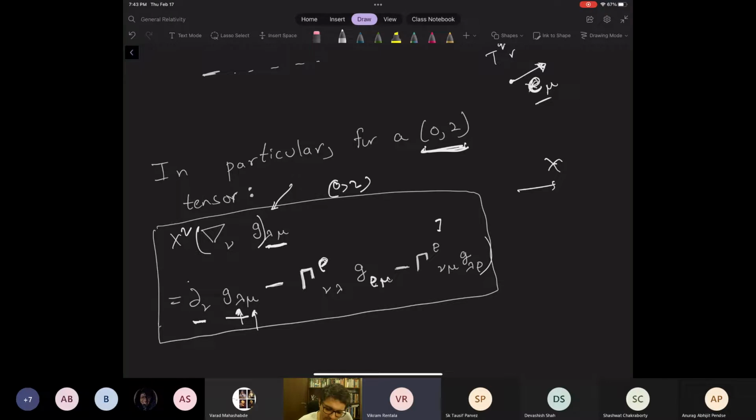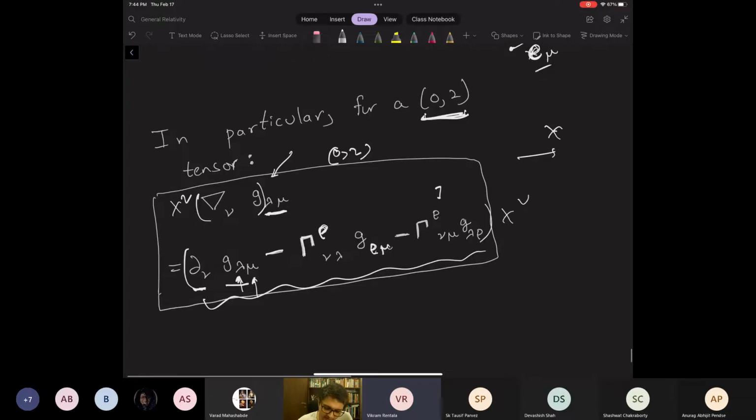When I multiply this by x nu, this is the lambda mu component of that 0-2 tensor. So you see that the only free indices are lambda and mu of this whole thing, because the nu is summed over when I take this x.